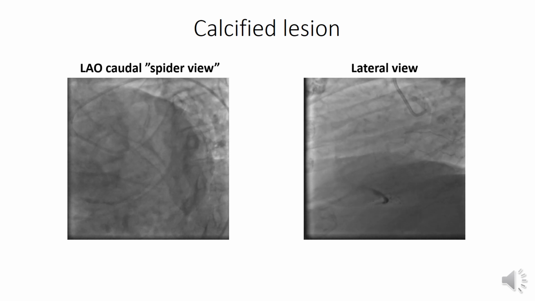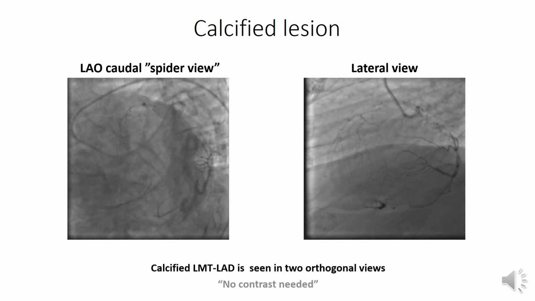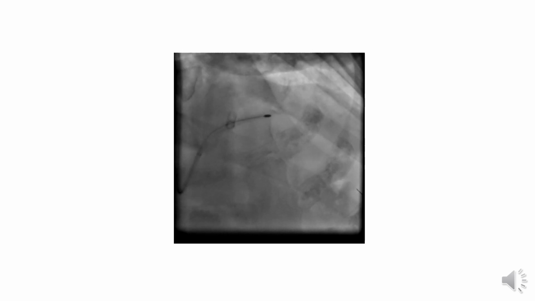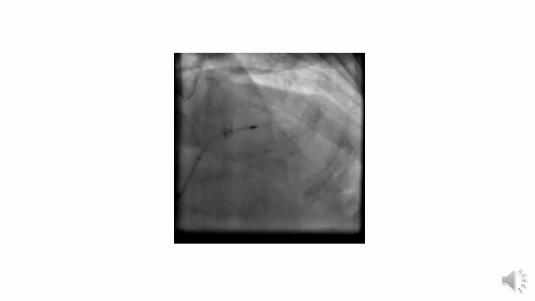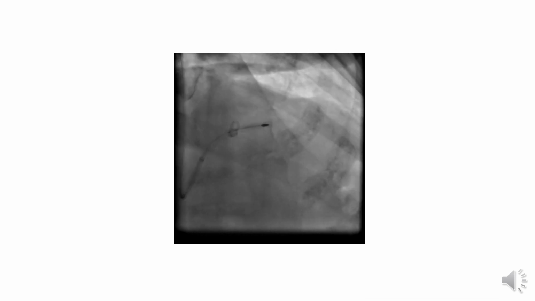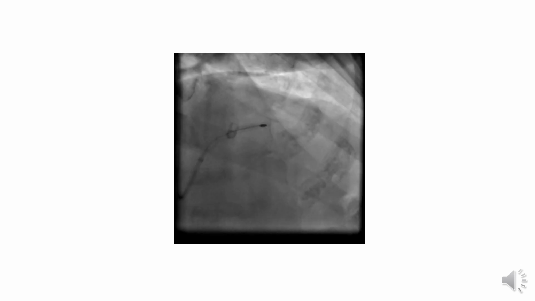This might mandate certain types of treatment, as we mentioned before, like rotablation in this case. And here without dye we can see the coronary artery, which is the LAD in this patient, seen without any contrast due to calcification, because calcium is like a bone. We can see it on X-ray without dye.